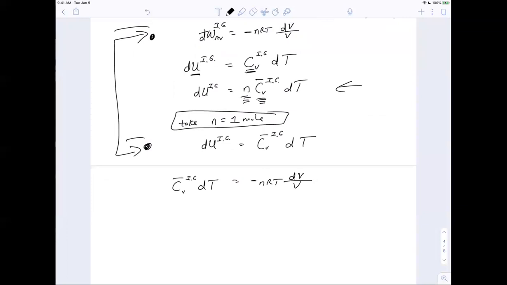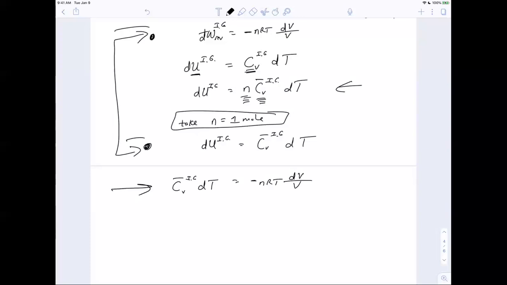All right, awesome. So now we're just going to do something called separation of variables. This is in differential form, so I have differentials around these dTs and dVs. If I want to know how volume and temperature change as a result of this process, what I can do is integrate this equation.